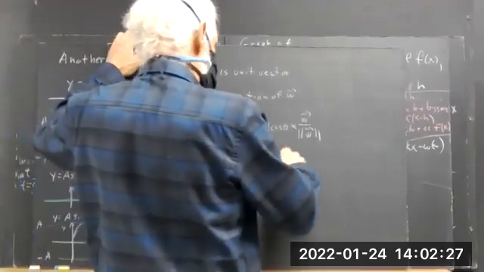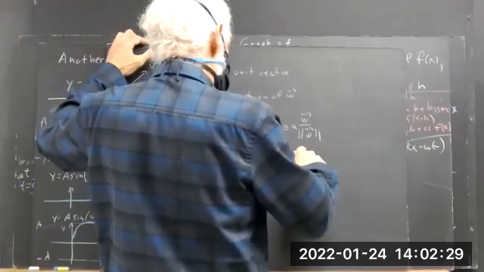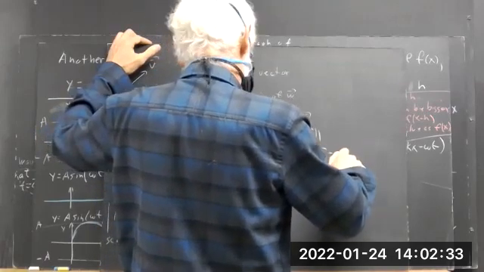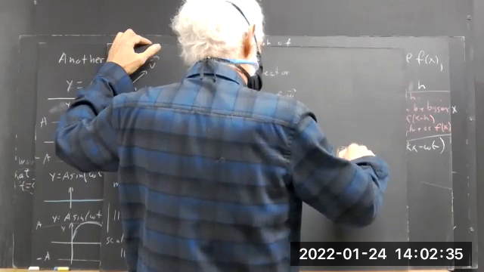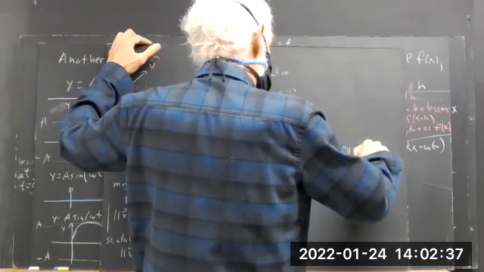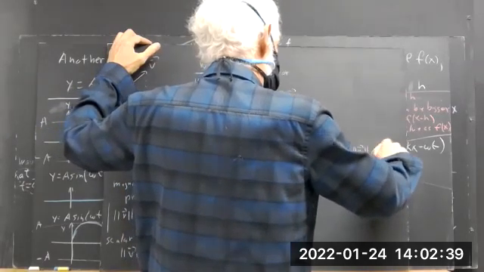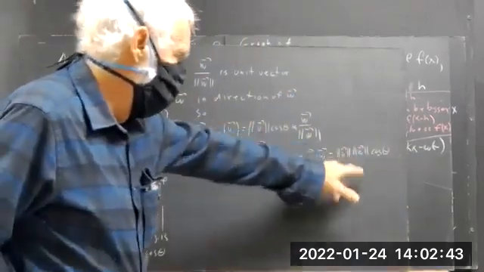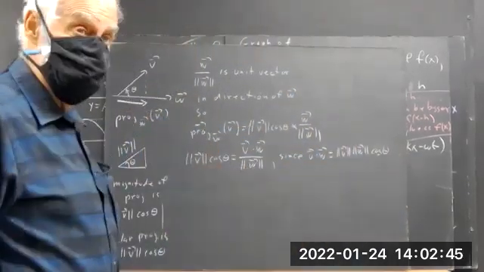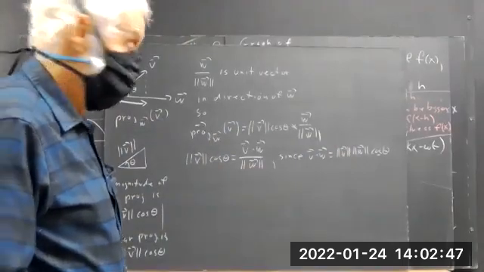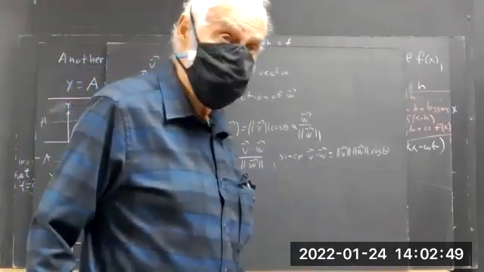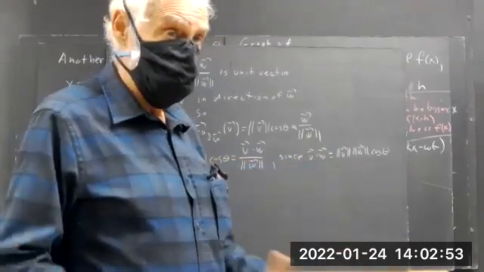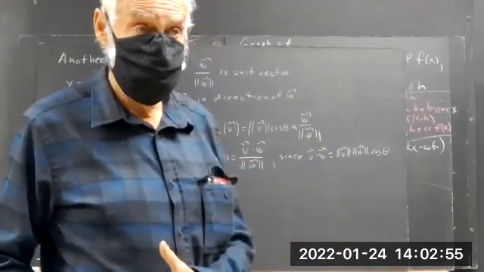Now, V dot W is magnitude of V times magnitude of W times cosine theta. And that's your definition of your dot product. And you've got to know that. That's got to be second nature. You always come back to that definition.